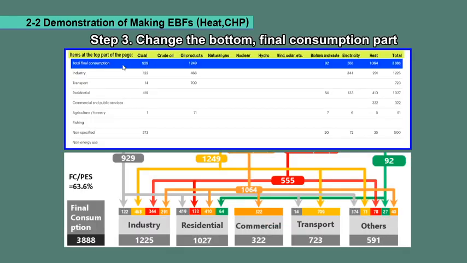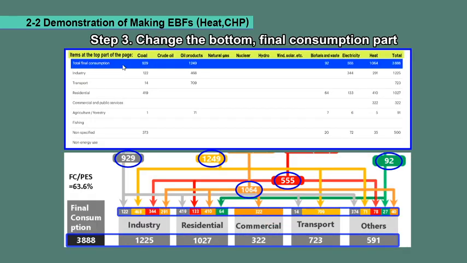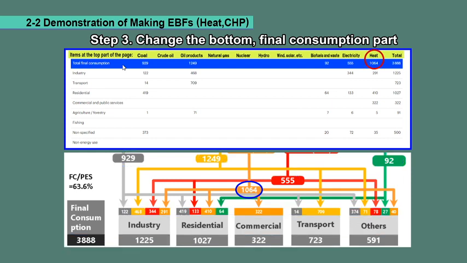Next is the bottom part. Enter the values on the IEA table at the very bottom, from left to right. The difference from the standard case is that there is heat, 1064. Enter this value from the total final consumption row.